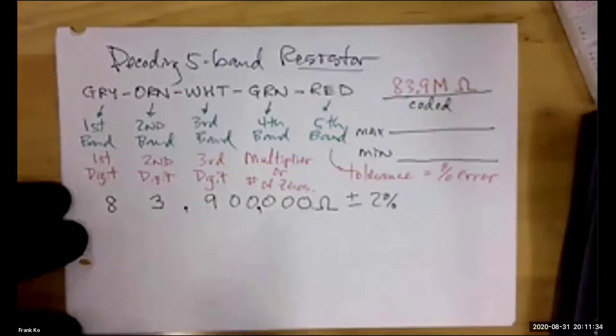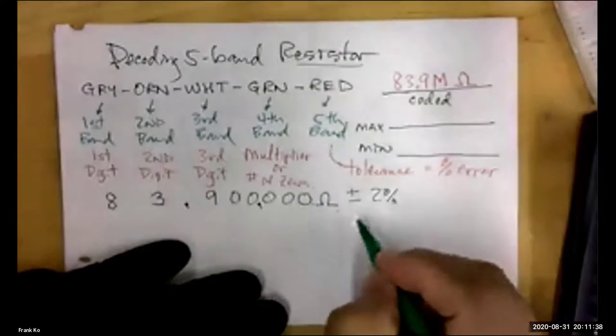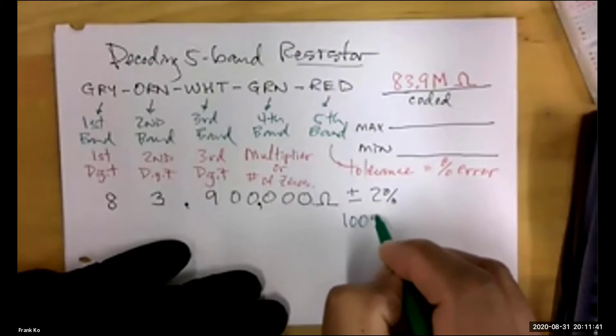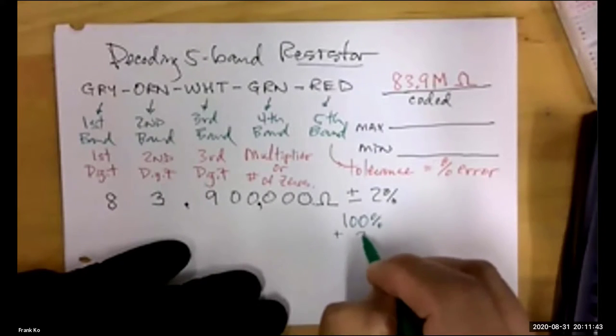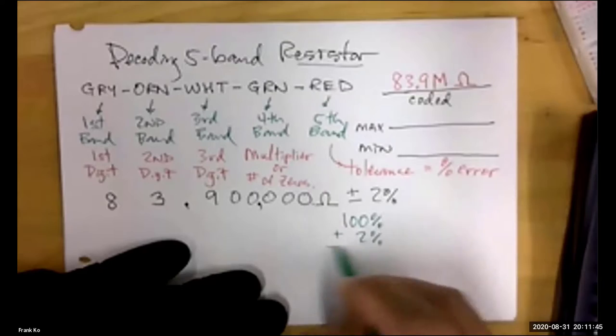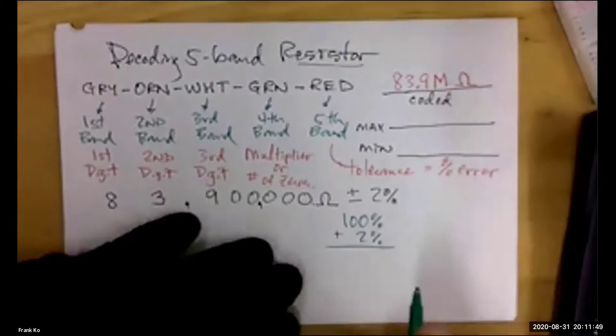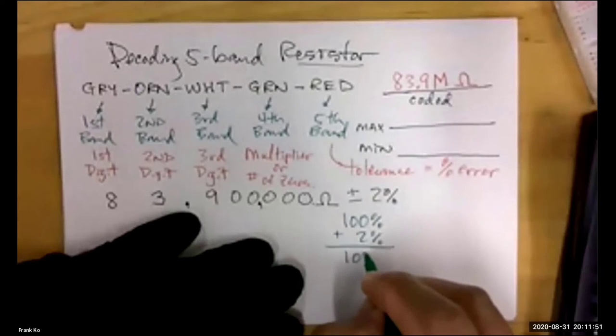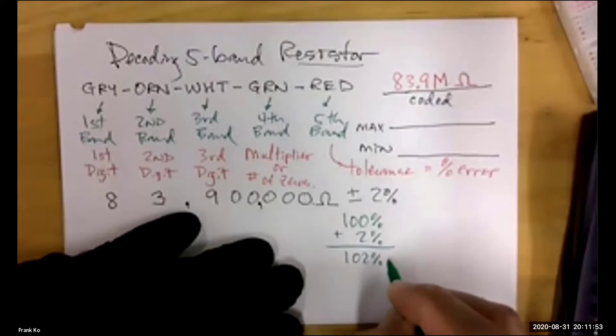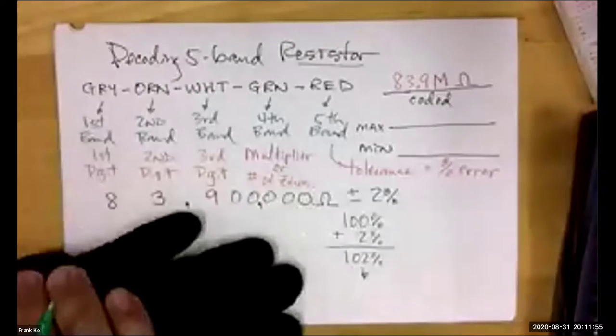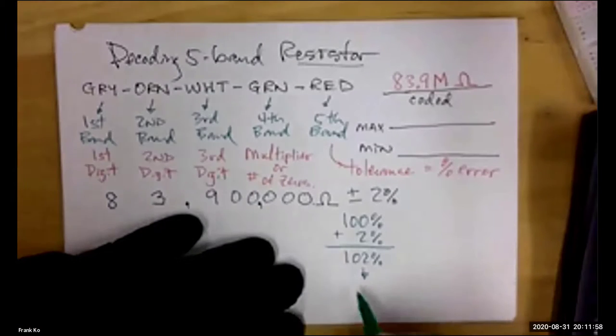All right. Now we're going to do maximum and minimum. So what is 100%? And we're going to add 2%. So what is 100% plus 2%, Youssef? 102%. What is 102% as a decimal, my friend? 1.02.